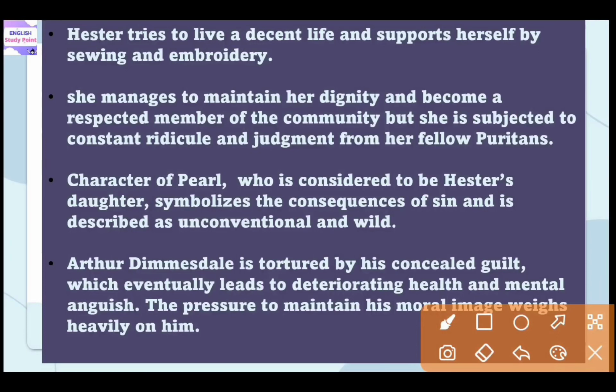Hester tries to live a decent life and supports herself by sewing and embroidery. She indulges in these kinds of activities in order to earn her livelihood, and also she has the responsibility of raising her own daughter, Pearl.